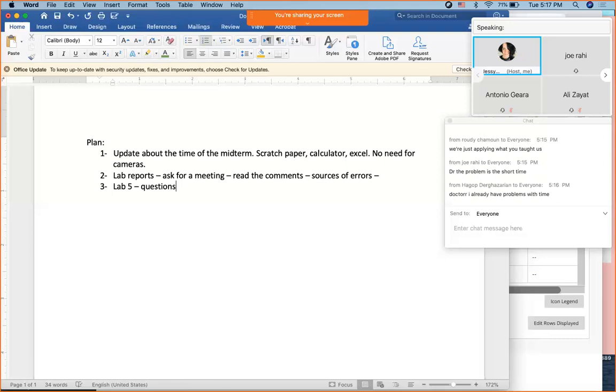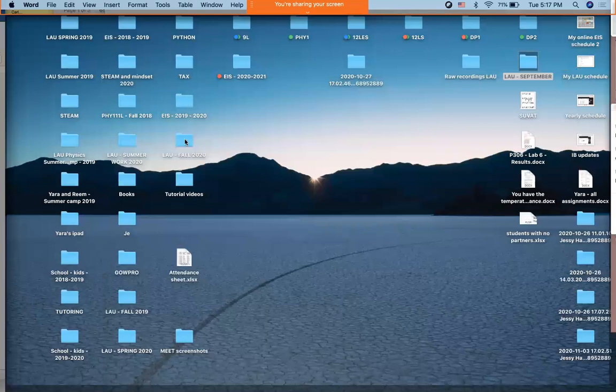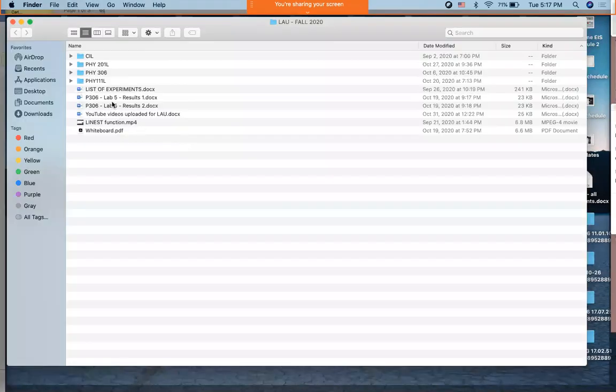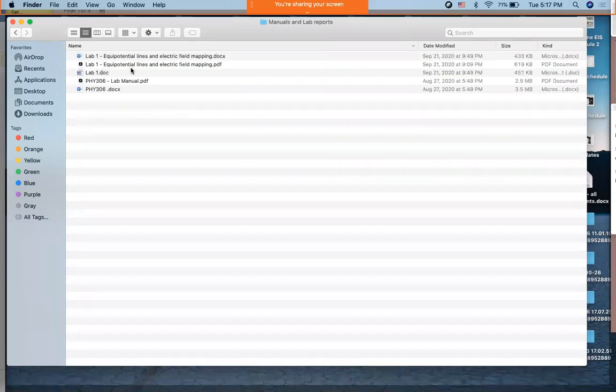Now, someone has a question about lab 5, and this someone is Ratib. Ratib, speak up. Okay, B10. So probably I need to open lab 5. Is lab 5 related to, it should be here.